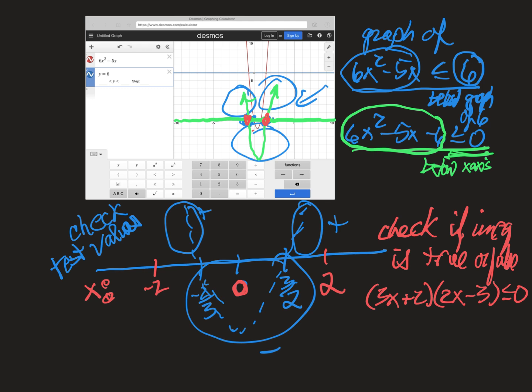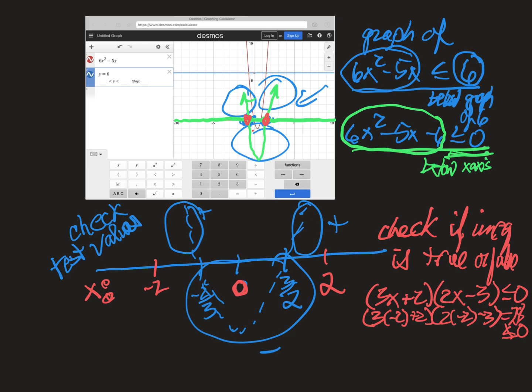All right? So I take -2 and I plug it in. 3 times -2 plus 2, 2 times -2 minus 3. And so I want to check that. That's a -6 plus 2, which is -4. That's a -4 minus 3, which is -7. -4 times -7 is positive 28, which is not less than or equal to 0.